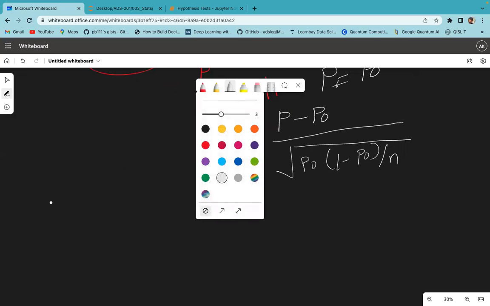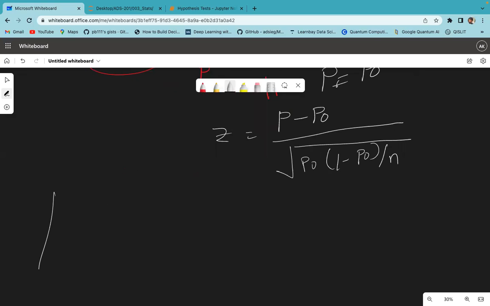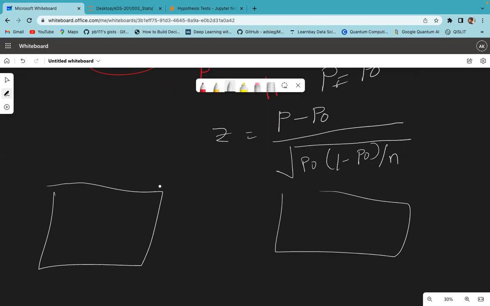Now what about two proportions? Two proportions means two different populations where you pass the same rule. This is one population, this is another population. Same rule you passed here, and how many people are accepting this rule in each; we call that the proportion of population 1 and proportion of population 2.